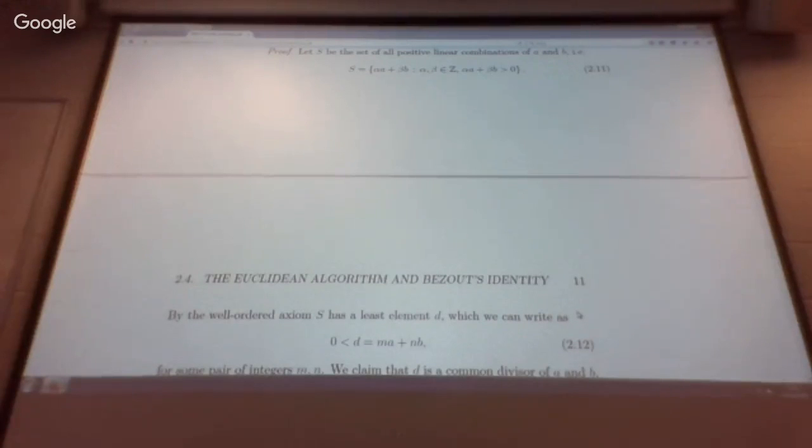Has anybody found them yet? What are they? 3 and 2. Say that again? 2 and 3. First one, 2. Minus 2 and 3. So minus 150 and 3 times 45 is 135.